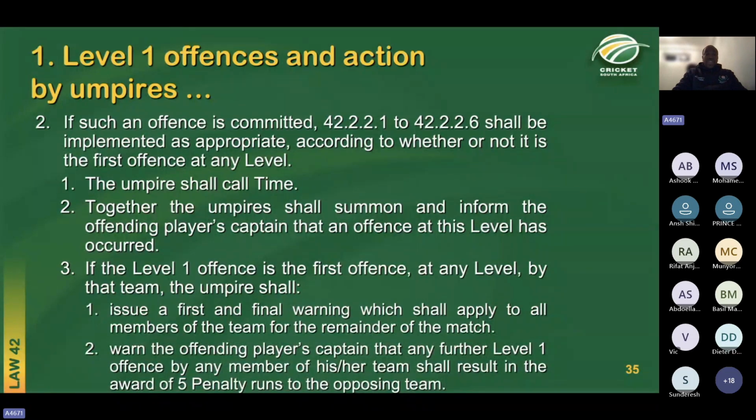We warn the offending player's captain that any further level 1 offense by any member of his or her team shall result in the award of 5 penalty runs to the opposing team. Okay, so all team players after this first and final warning are now skating on thin ice. That is how strict the law wants us to be on player behavior.